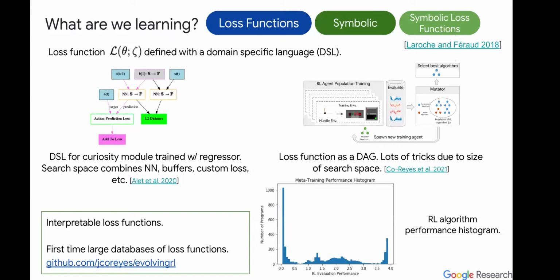And there's lots of tricks due to the size of the space. So Yingje is going to talk and walk through the code on what that looks like and what some of the trade-offs are. But one thing that's really interesting is, again, they're interpretable. And this is the first time that we have thousands of algorithms and their performance that we can go and sit and analyze. So if somebody's theoretically minded, they're there.